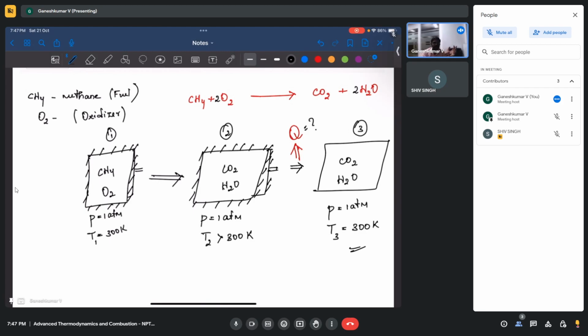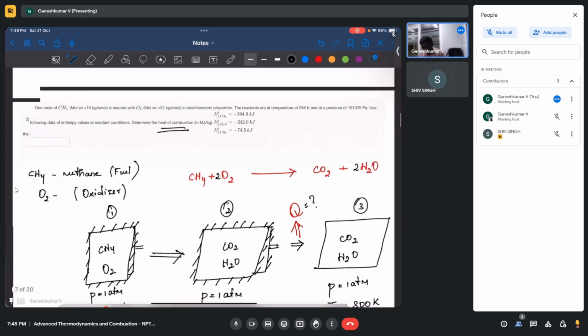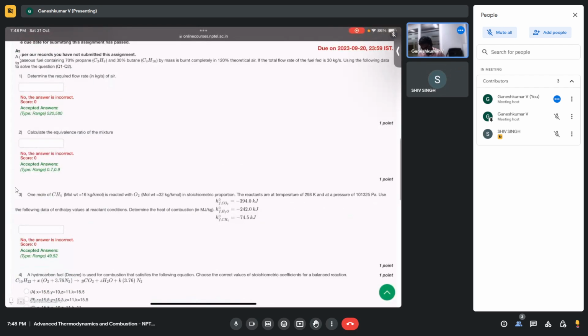Because of combustion, how much amount of heat you are getting. So it will be positive. That is what this means. How much amount of heat you are removing. In terms of system, it will be heat of reaction, which will be negative, as you said. But actually what they asked was heat of combustion. So let me show that to you.